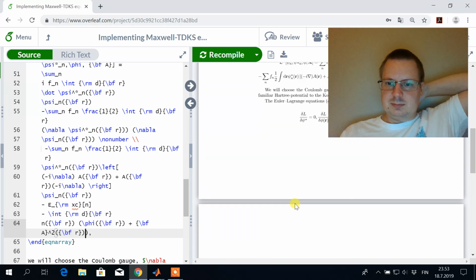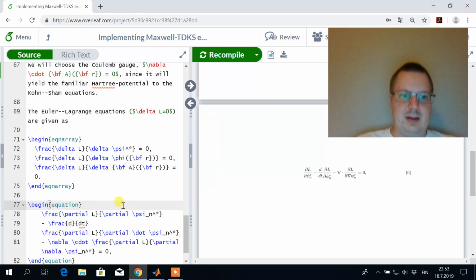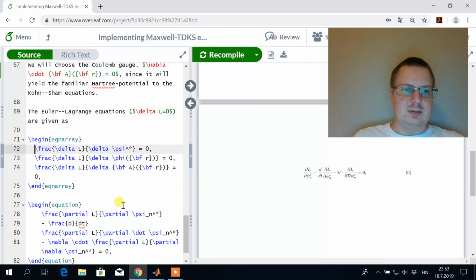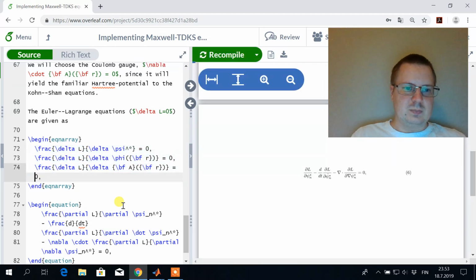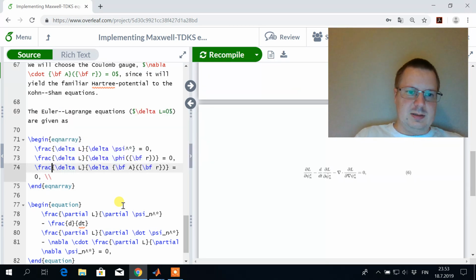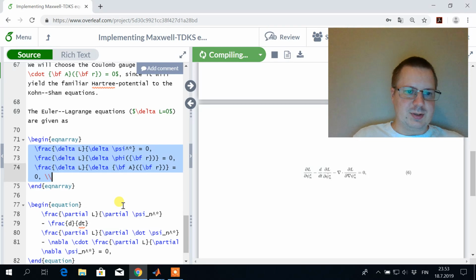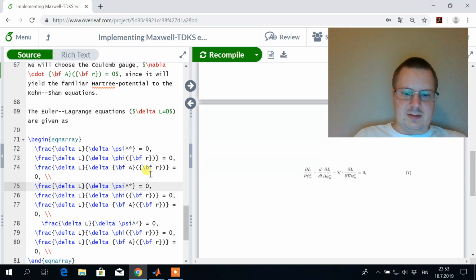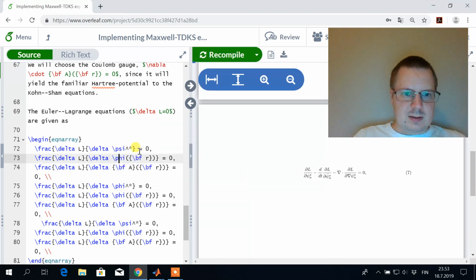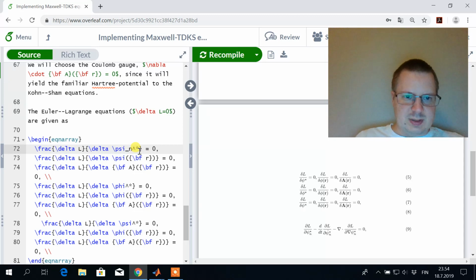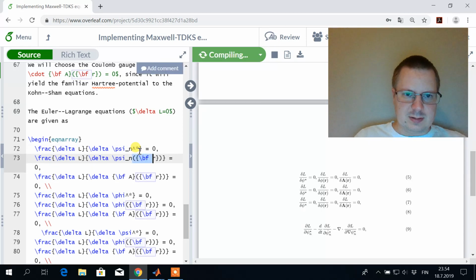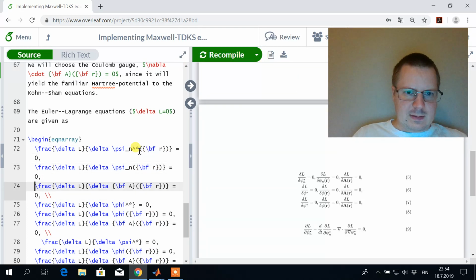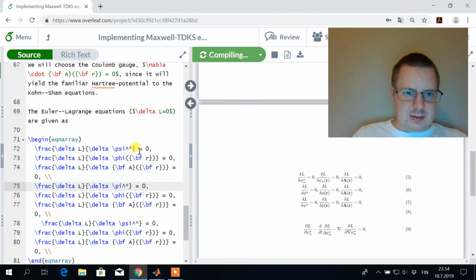So we have the Lagrangian equations, and we need to write them. So that was 1, and then we have the same equations also for the vector potential and the scalar potential. So we have it for phi. So this was for psi_n, oh wait.